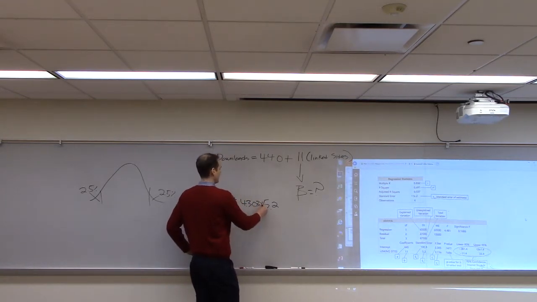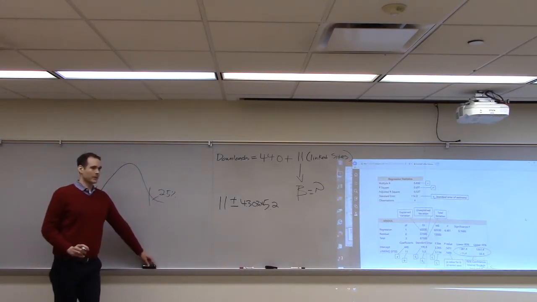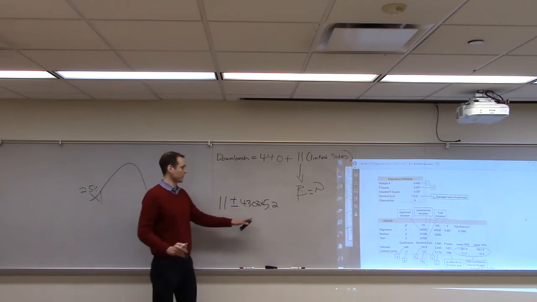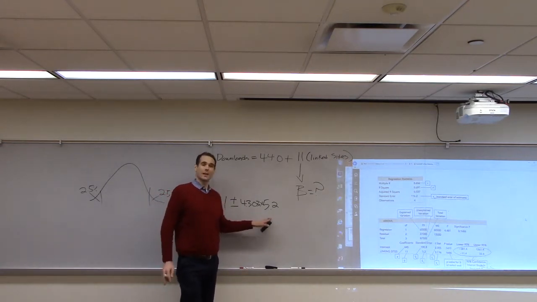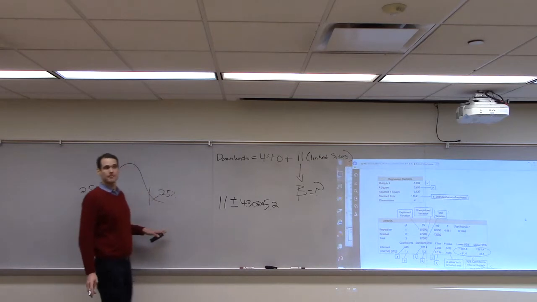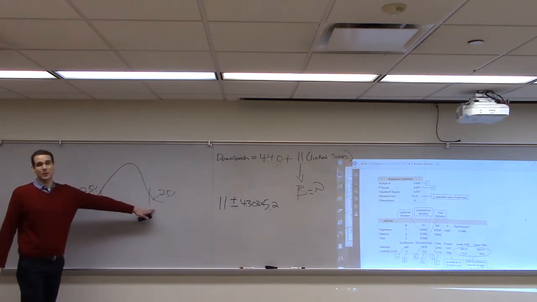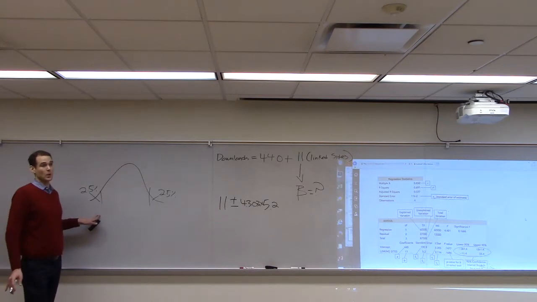4.303 times 5.2. Everyone understand how we got 4.303? We want to go plus or minus some number of standard errors. We determine how confident we want to be, and that determines how many standard errors we go plus or minus. If we want to be 95% confident, that means we're going to get it wrong 5% of the time: 2.5% of the time too high, 2.5% too low.